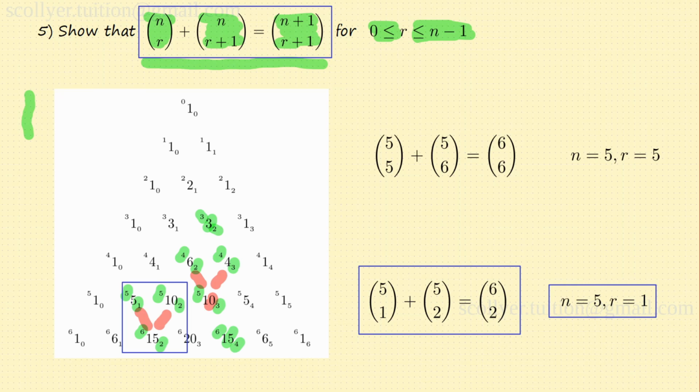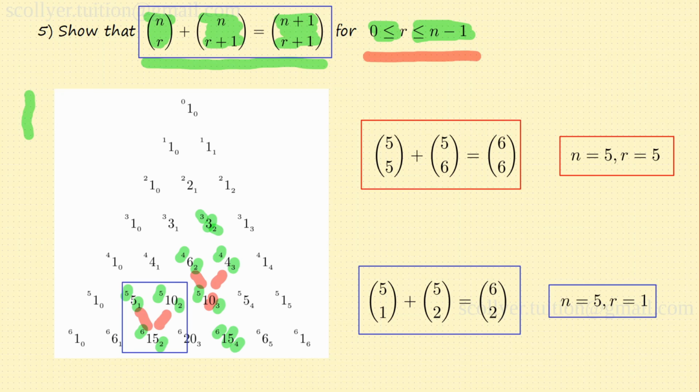And by looking at Pascal's triangle, we can see why we require this restriction on r. If we set n equal to 5 and r equal to 5, we would be trying to prove that 5 choose 5 plus 5 choose 6 equals 6 choose 6, which corresponds to this part of Pascal's triangle. But we can see that the left-right addition process does not work here.